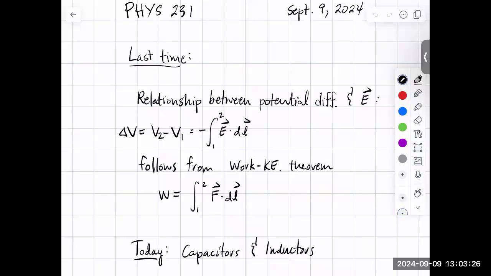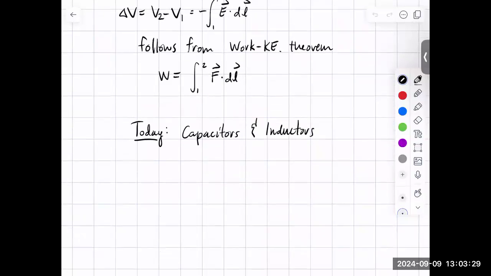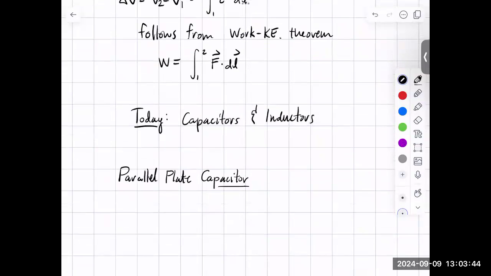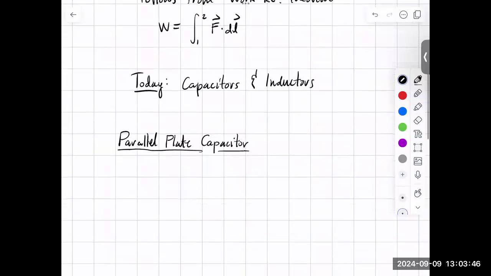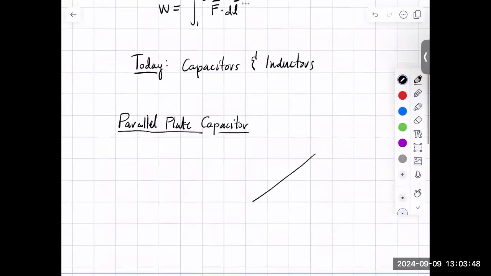Okay, good. So capacitors. By far the most common type of capacitor is the parallel plate capacitor, and it is exactly as it sounds. We're going to take two conducting sheets and place them in parallel with one another. So here's one. I'll make it a square, but it doesn't have to be a square.